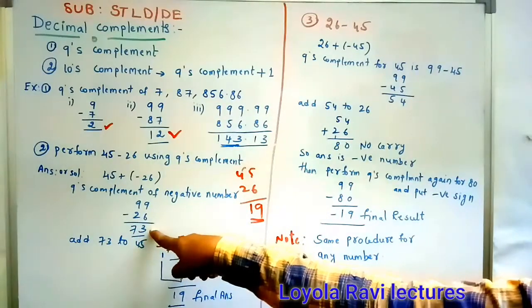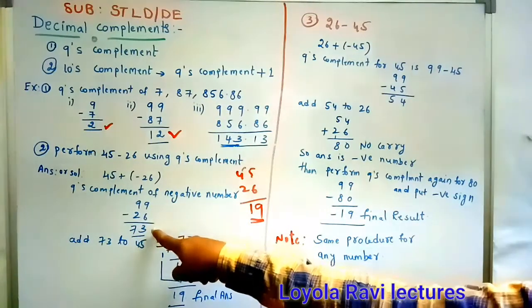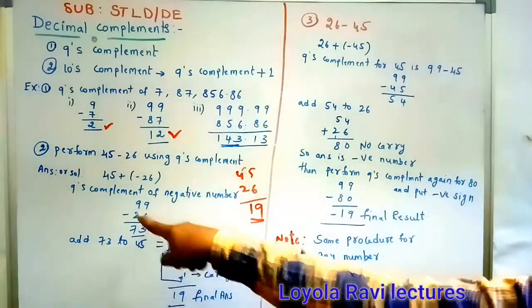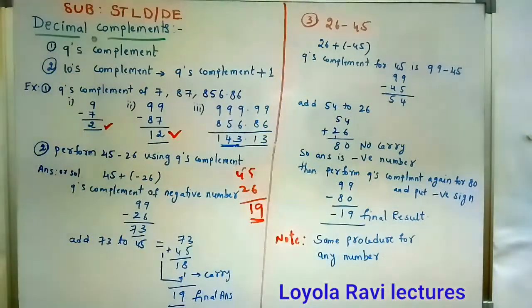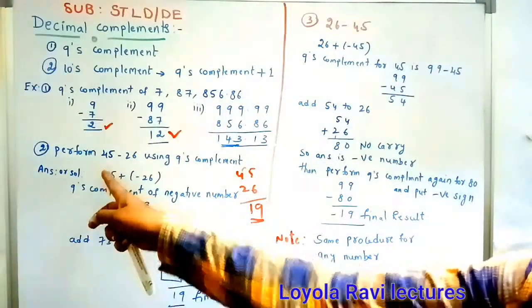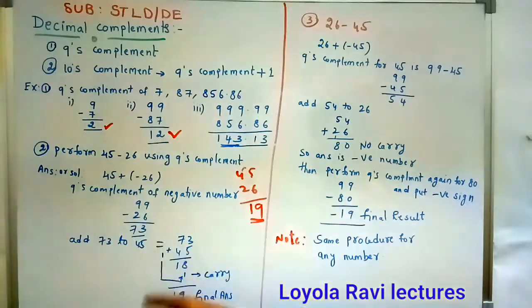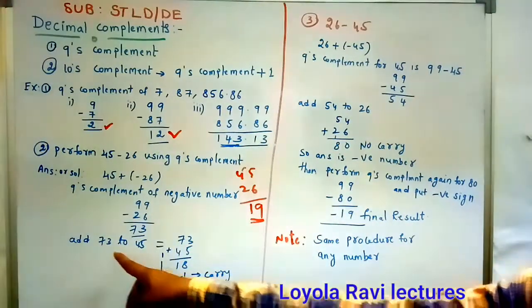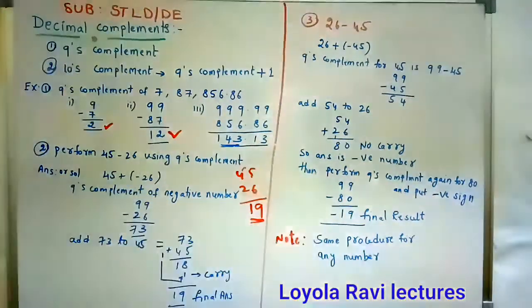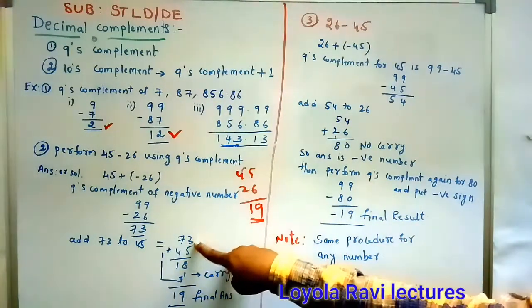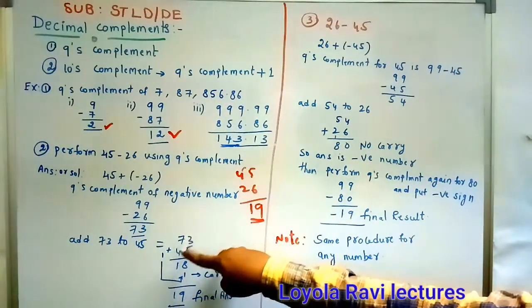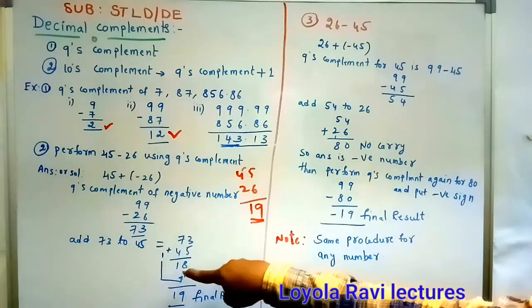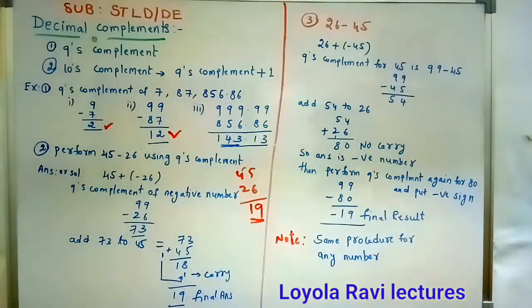This is not the final answer, remember that. 73 has to be added to 45. So 73 plus 45: 3 plus 5 is 8, 7 plus 4 is 11. 11 we are getting.